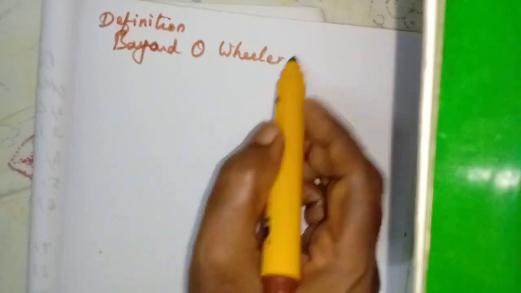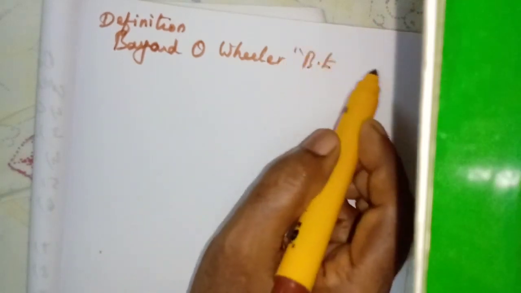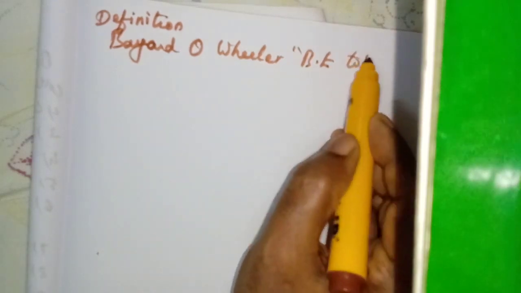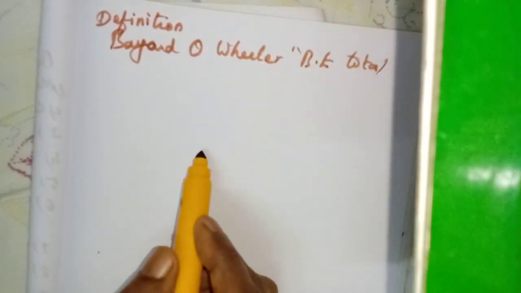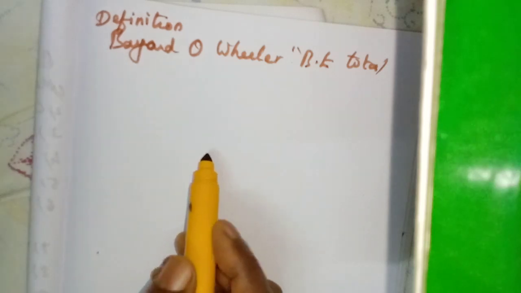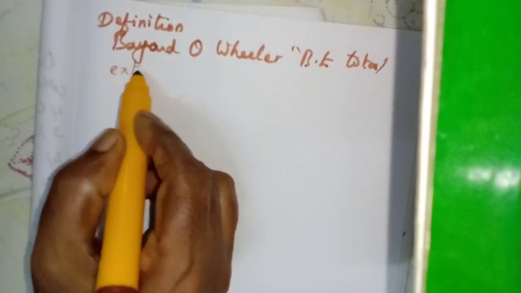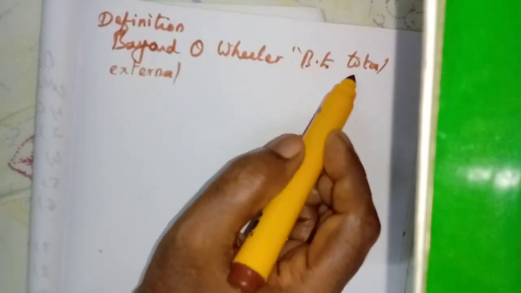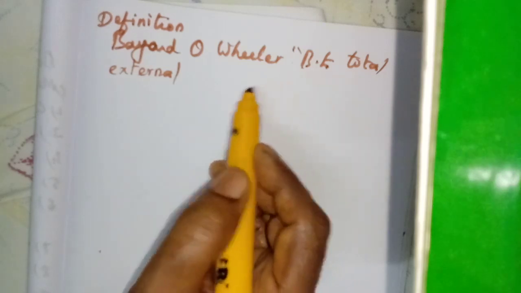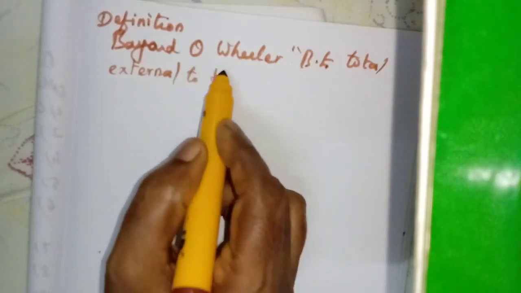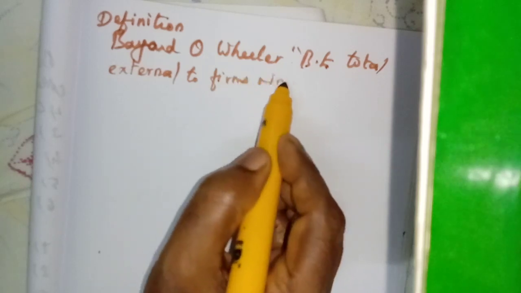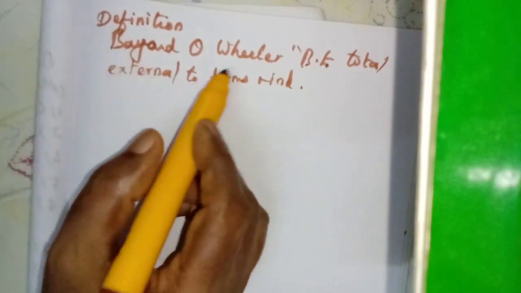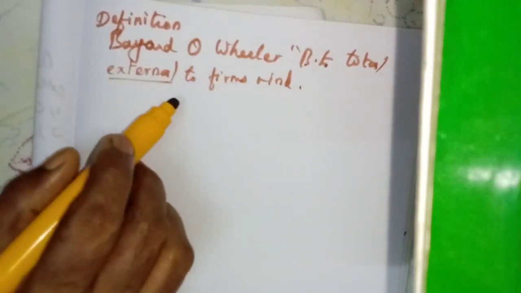He has defined business environment as the total of all things, everything, total of all things external to firms and industries. He is telling only the external factors. He says business environment is the total of all things external to firms and industries, not internal. He is telling environment means outside, isn't it? So he has concluded it as the external factors.